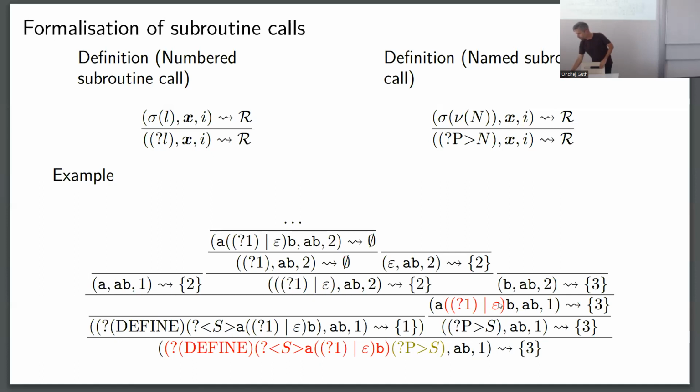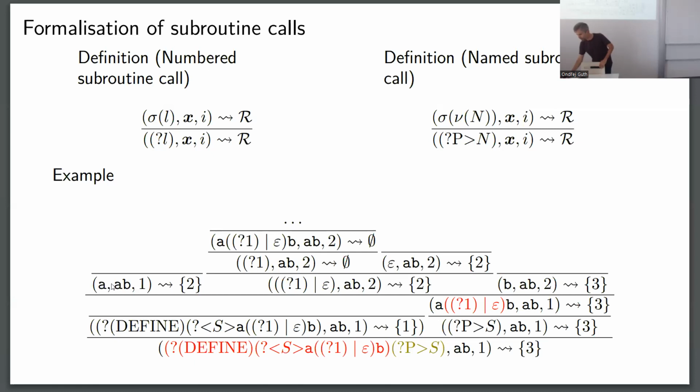The subroutine call means we just go to the name in parentheses and use the internal content as the regular expression we are matching. So it is this A something B. Again, this is a concatenation.